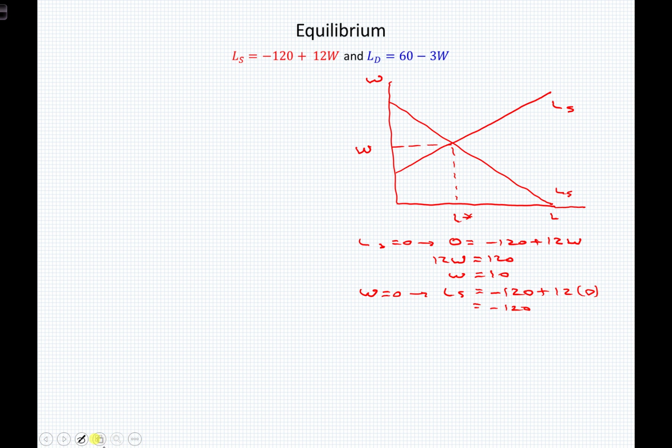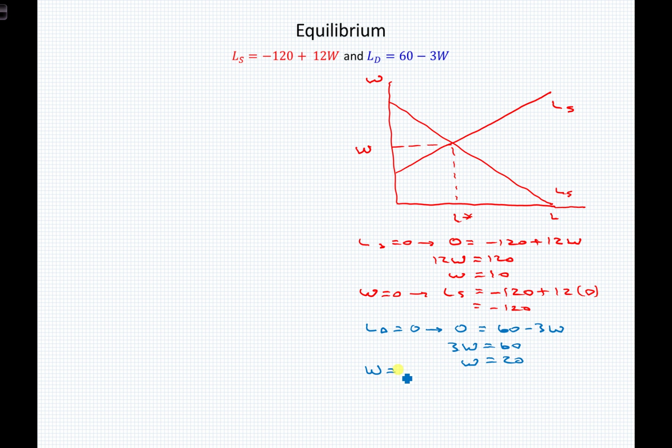Let's do the same exact thing for labor demand. So when labor demand is equal to 0, then what we have is 0 is equal to 60 minus 3W, or 3W is equal to 60, or W is equal to 20.